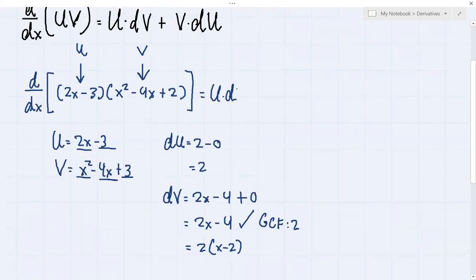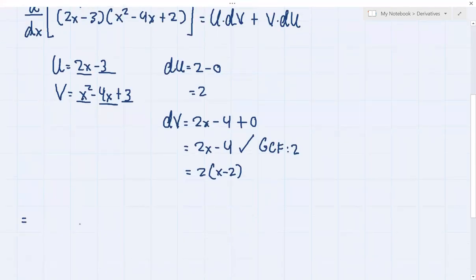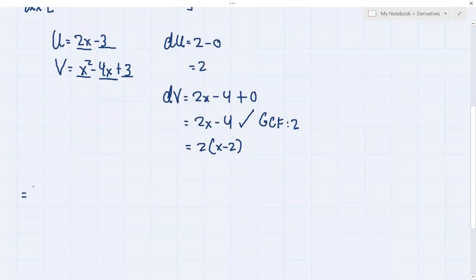So u dv plus v du. Okay? U times dv plus v times du. And since yata medyo mahaba to, I think it would be advisable if I'm gonna start right here. Okay? So, i-copy ko na lang to ulit ha. U dv plus v du. Ayan. So, let's substitute. Si u ay si 2x minus 3.